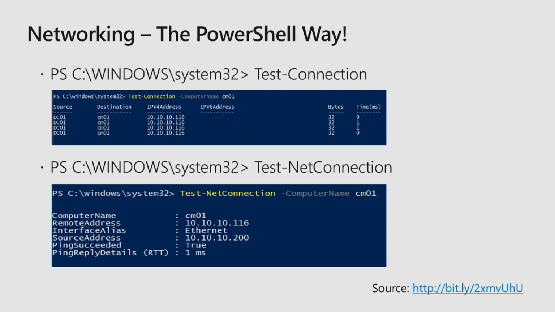It supersedes the other one. So I just ran Test-Connection with a computer name. I gave it a computer name, and it gives me a little bit more detail in terms of the source, the destination, the hops, and all that fun stuff.